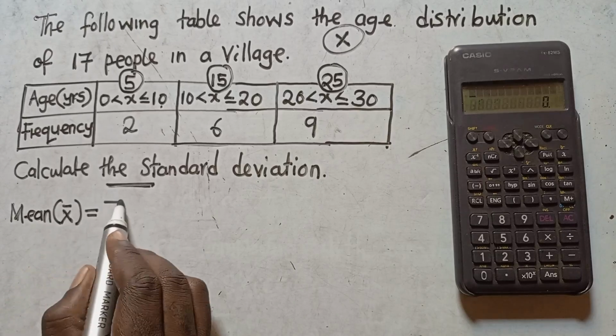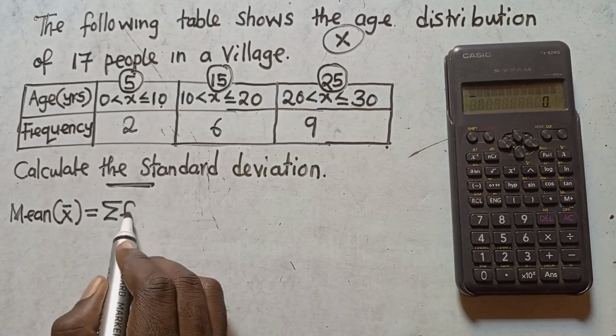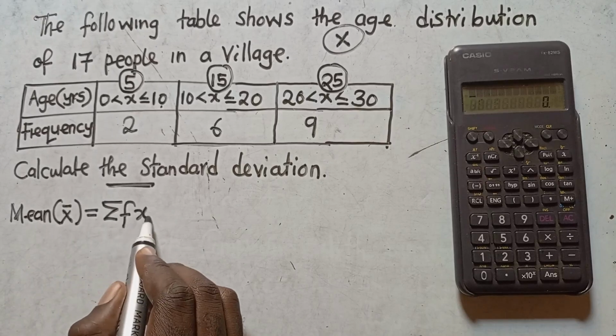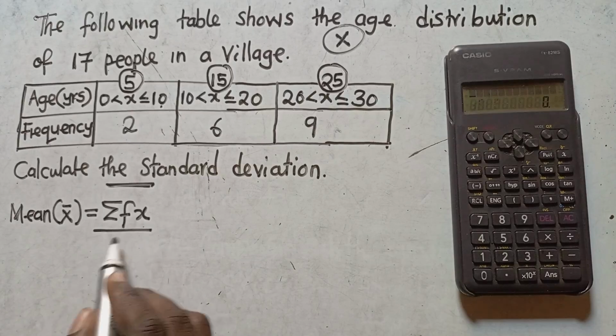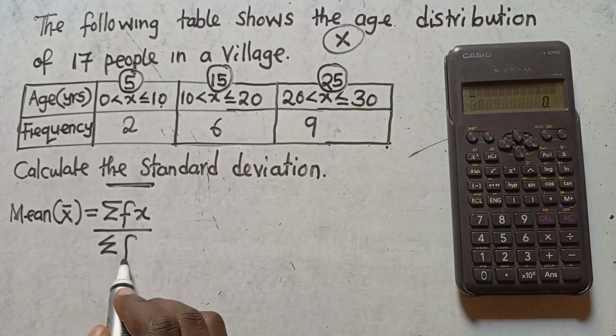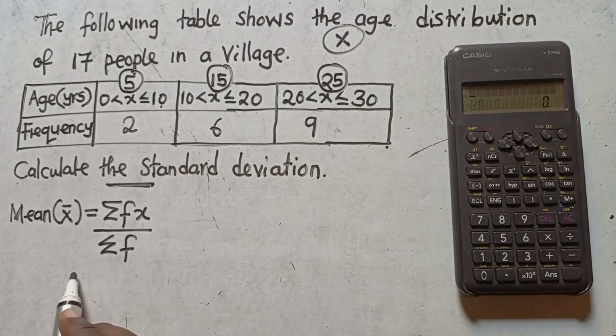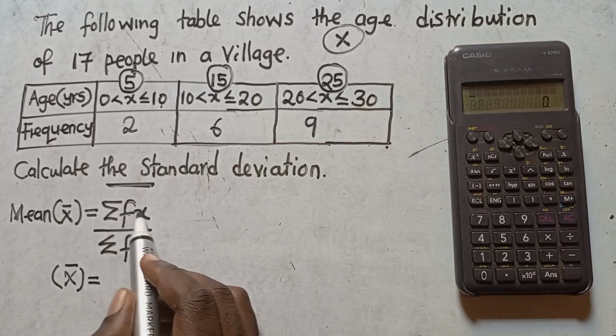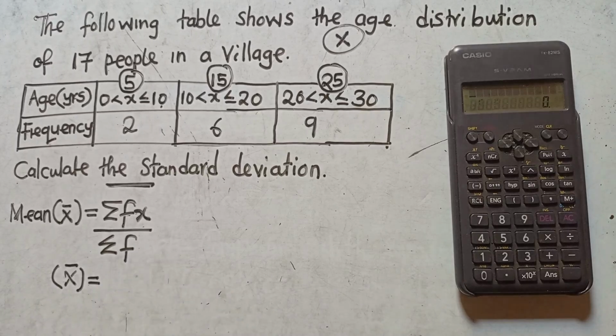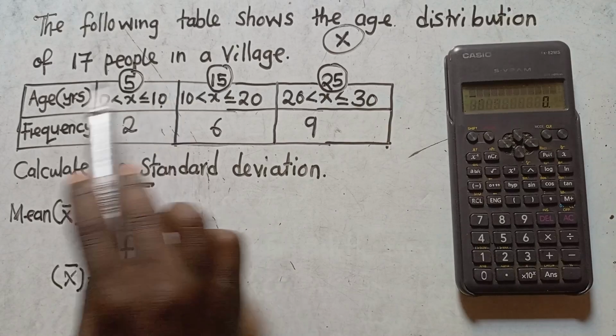We use the formula: summation of frequency multiplied by x, the midpoint, over summation of total frequency. That's the formula. Mean, x bar, is equal to frequency times x, divided by the total frequency, which is 17.